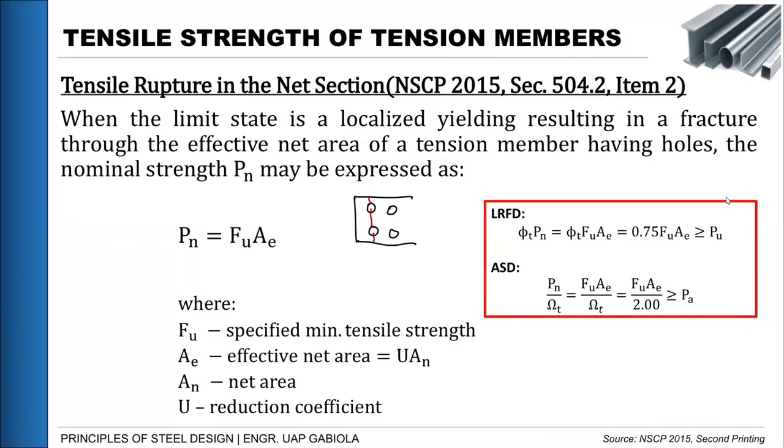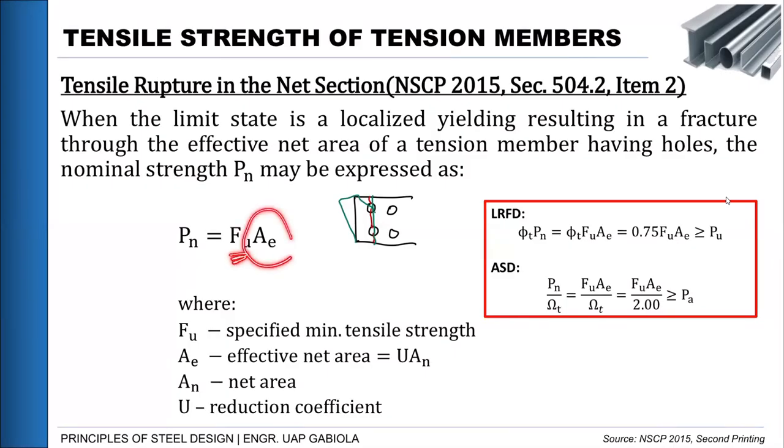Pero ina-assume ni code na pwede siyang magamit hanggang hindi pa siya totally napupunit doon sa section natin. Okay? So, halimbawa, paunti-unti pa lang siyang napupunit, ina-assume niya na usable pa rin siya. Kasi ina-allow natin mag-plasticize yung portion nung net section natin, sa mismong bolted area natin. So kaya inallow niya ng Fu.